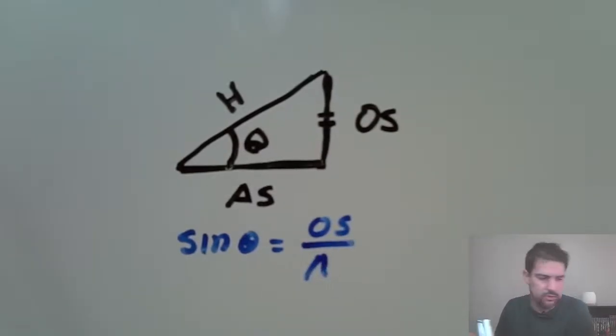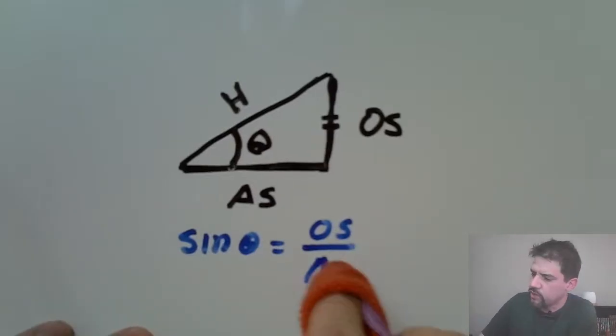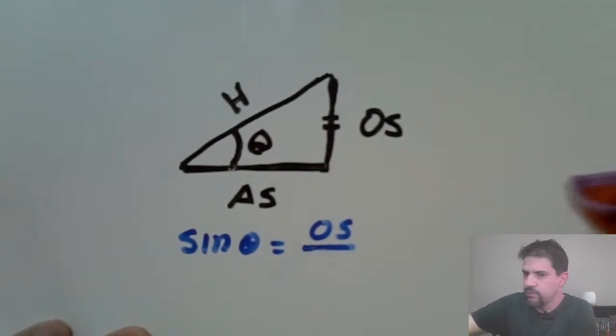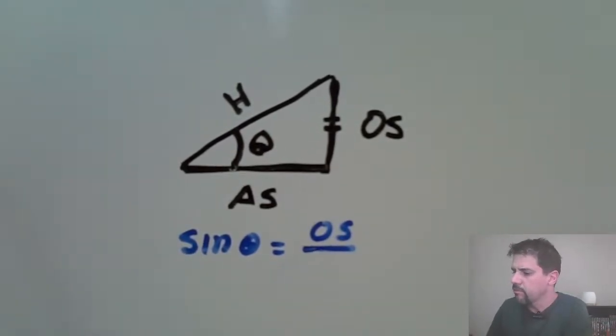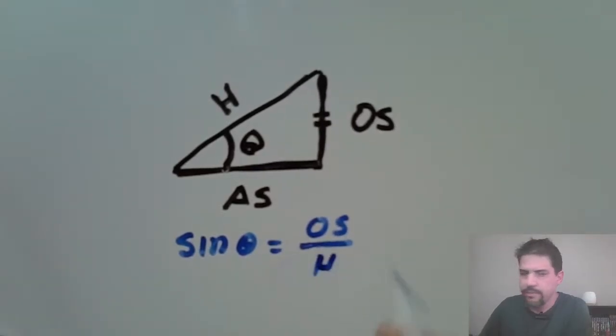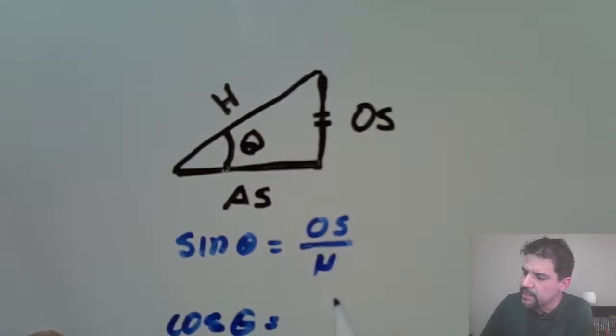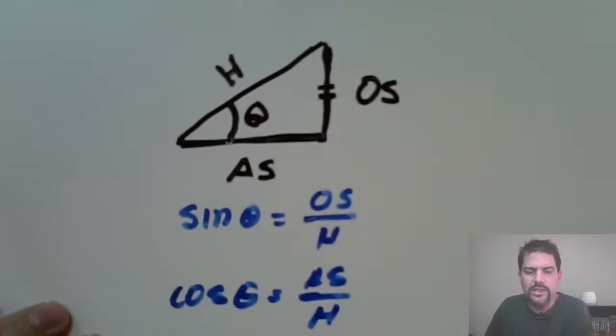Let me fix that one. That one is not an H, I was going to write an A there. This one is going to be the hypotenuse, an H. If we're speaking about cos of theta, cos of the angle, that is equal to the adjacent side divided by the hypotenuse.